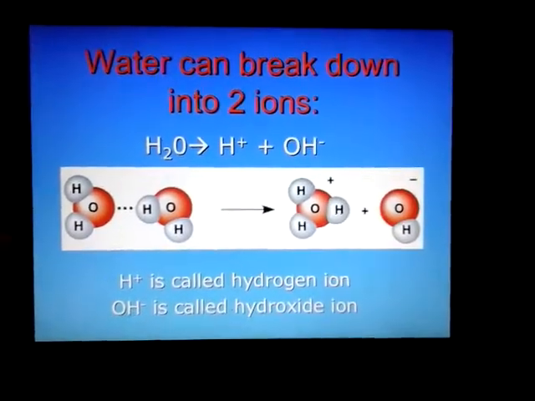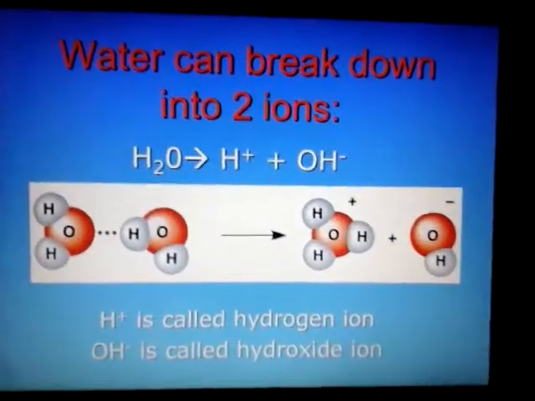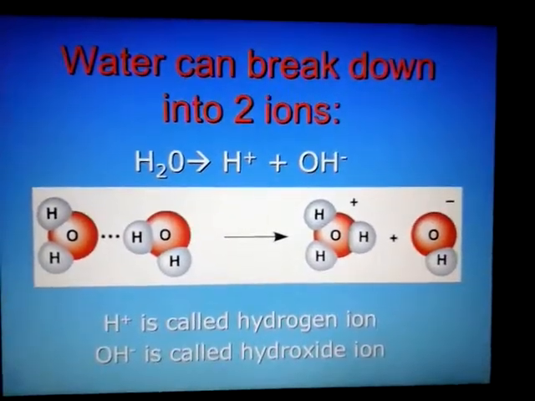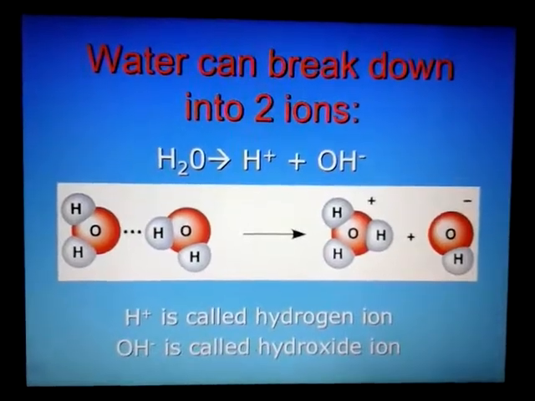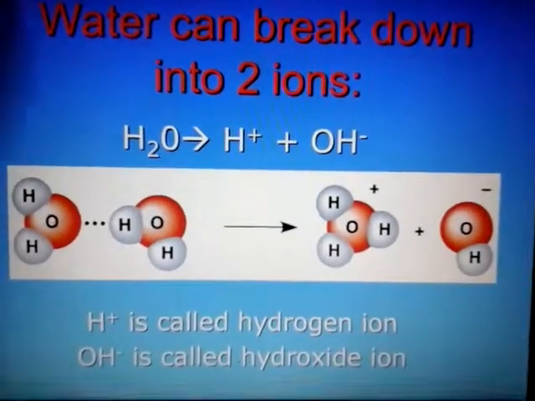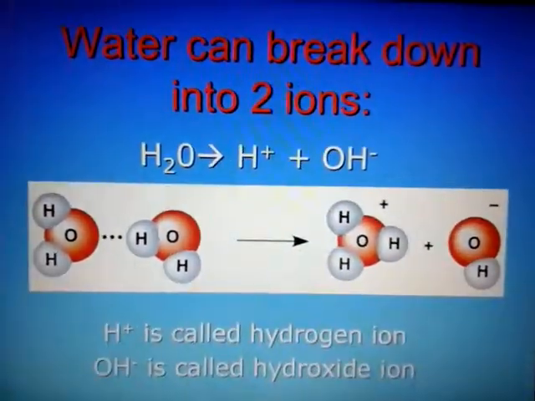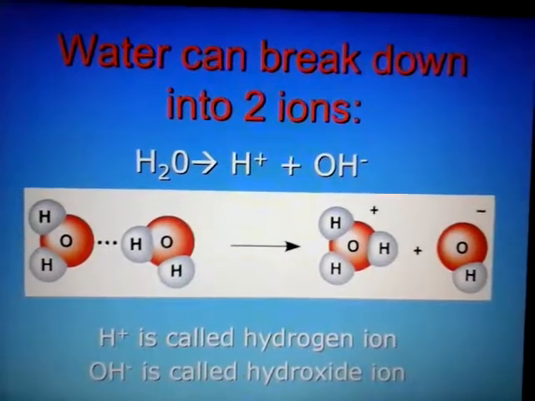You all know that water is H2O. Well, over time, water can disassemble. And so water, when it breaks down, will form what's called hydrogen ions and what are called hydroxide ions.